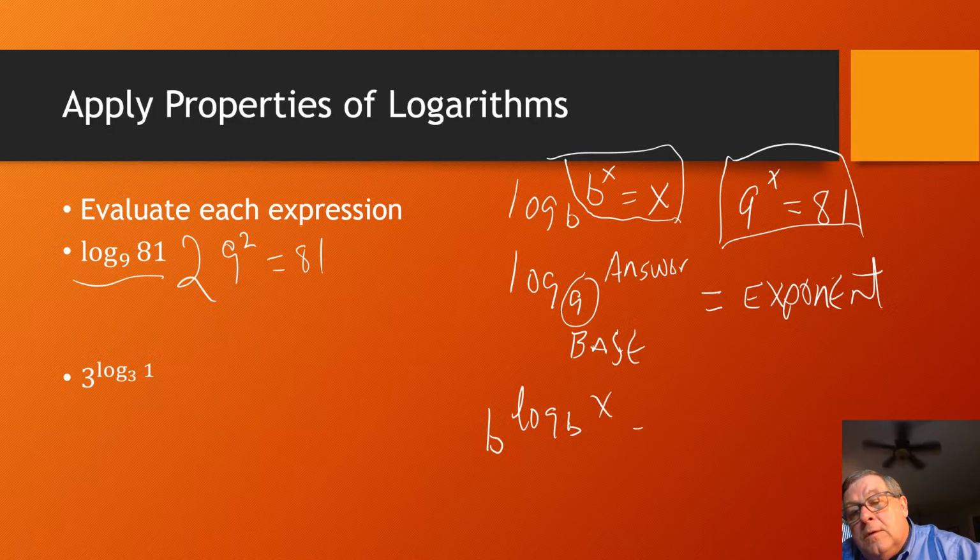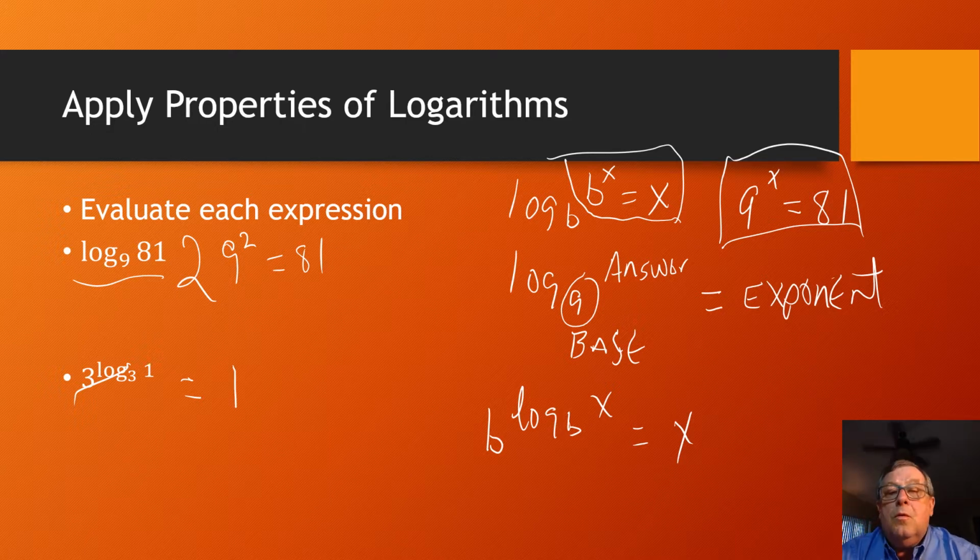That's equal to x. So again, another way to think about it, if I've got a base raised to the log of that base, those cancel, and 3 raised to log base 3 of 1 is just equal to 1.